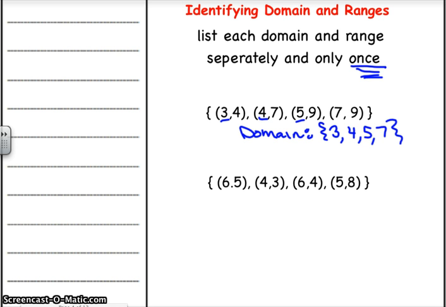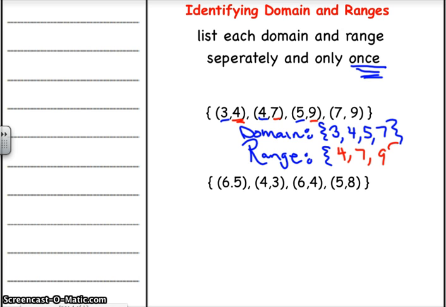Write it down. Other page. My range. What value is my range, x or y? Y. So I do the bracket again, and I list my different y's. What's a y that I have? 4. What's another y? 7. What's another y? 9. And I only write 1 9, because I see the other one's 9.